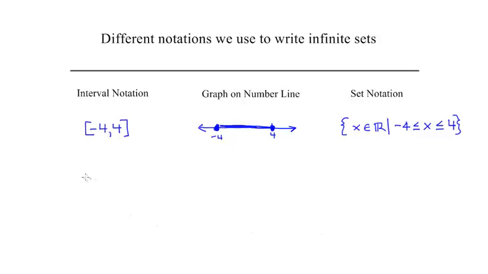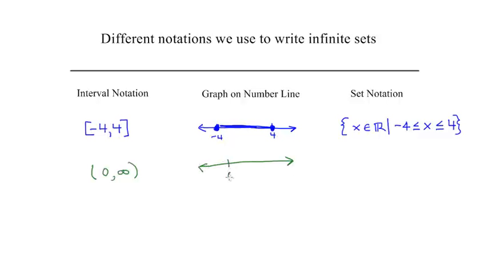Let's look at a different infinite set. Suppose I have the set 0, infinity. The interval notation would look like 0, infinity with open brackets at each end, meaning that we're not including those endpoints.